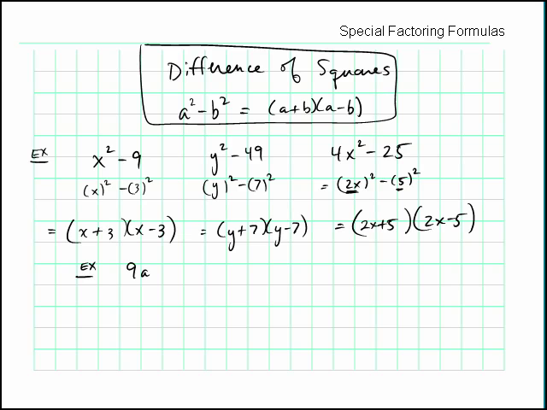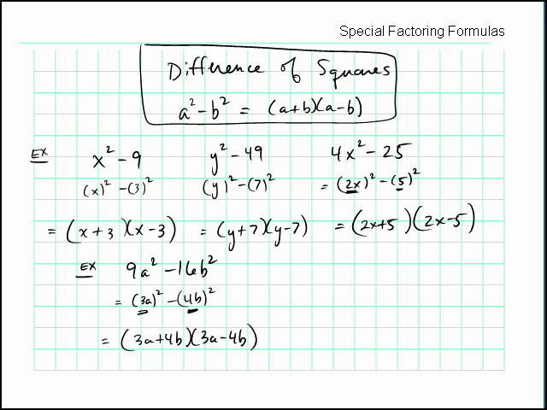Nine a squared minus 16b squared. Okay, this is also a difference of squares. It is 3a quantity squared minus 4b quantity squared. And so following the pattern, this is going to be 3a plus 4b and then 3a minus 4b, just like that.